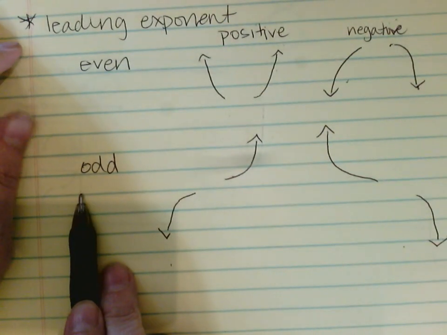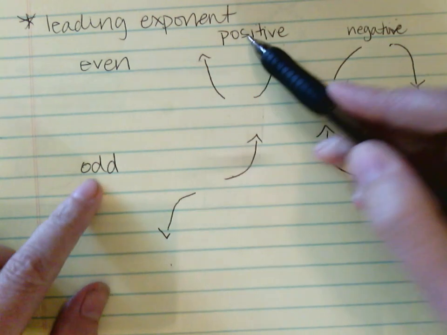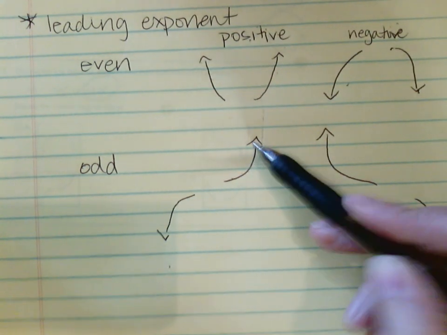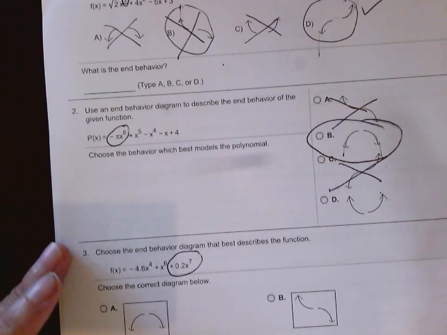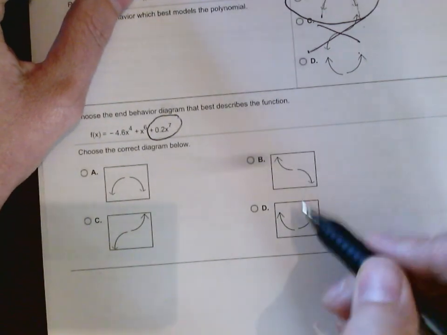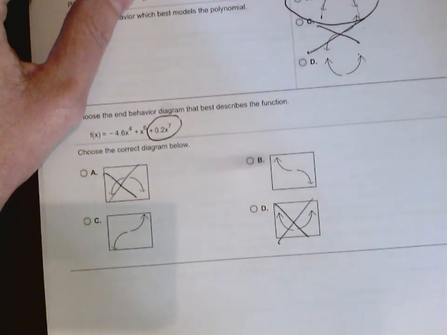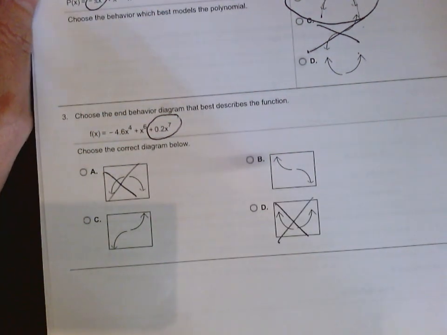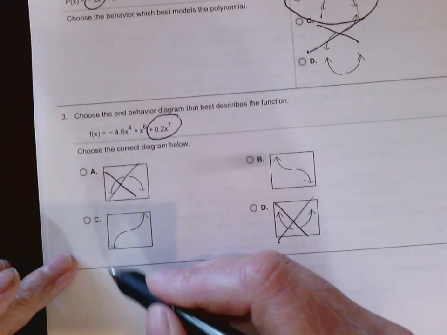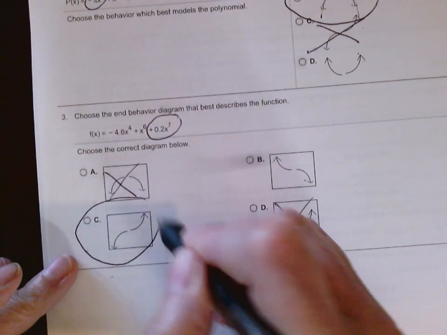Odd and positive means different directions, starting down, going up. So again, odd means it's not this one or this one, since those ends are going in the same direction. It's going to be one of these. And since it's positive, it starts down and travels up, like this C.